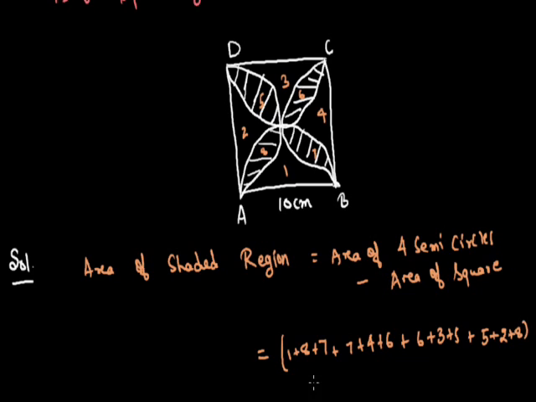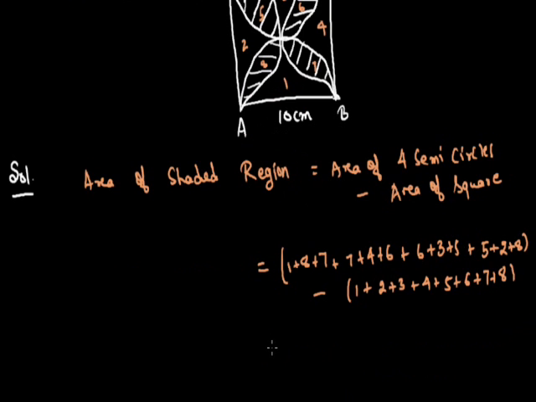Now if we subtract the area of the square, which is 1, 2, 3, 4, 5, 6, 7, 8, then we will get the area of 8 plus 5 plus 6 plus 7, which is the area of shaded region.